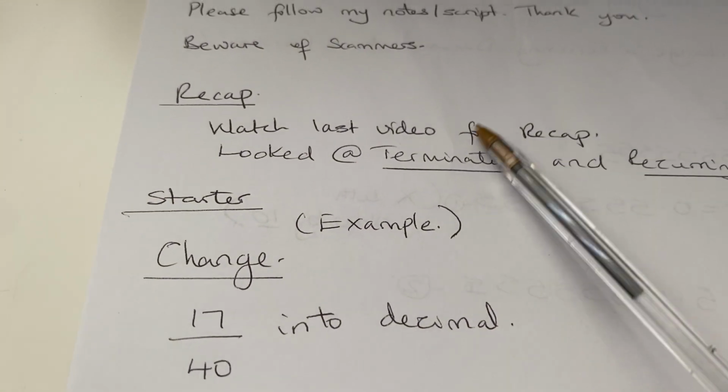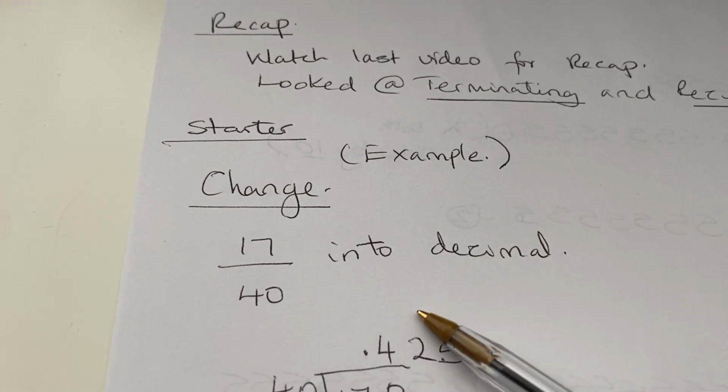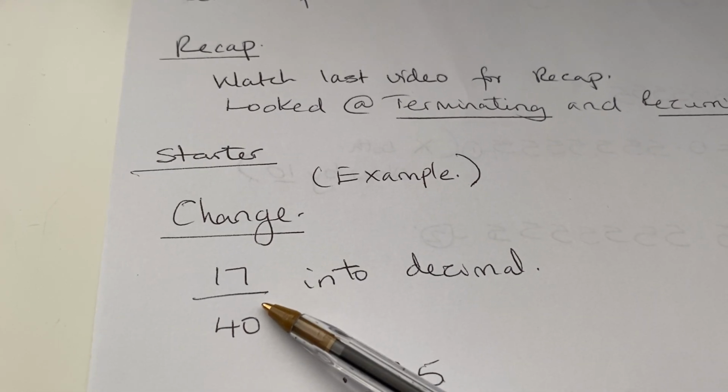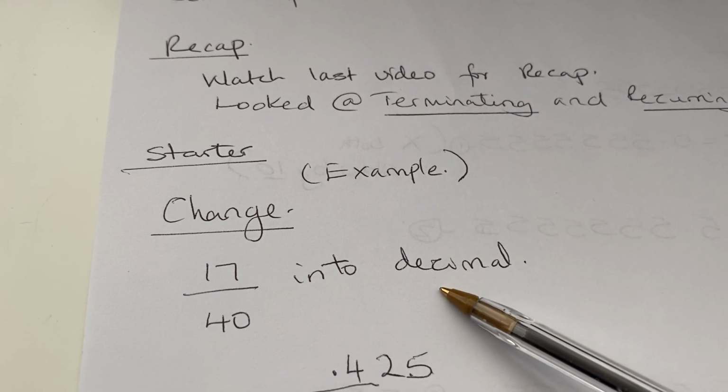Now, our starter is an example. We are going to change 17 over 40, a fraction, into a decimal.